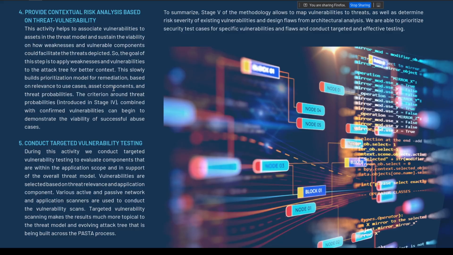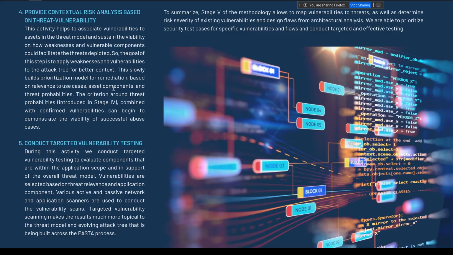So here we do the vulnerability to asset mapping, and then in the next phase we conduct targeted vulnerability testing. I'm not sure how many of you are doing PASTA or especially doing this specific activity. This is a really good approach where we identified several threats during our analysis. Using this, we provide it as feedback to the previously run vulnerability scans, and we will also use this as an input.